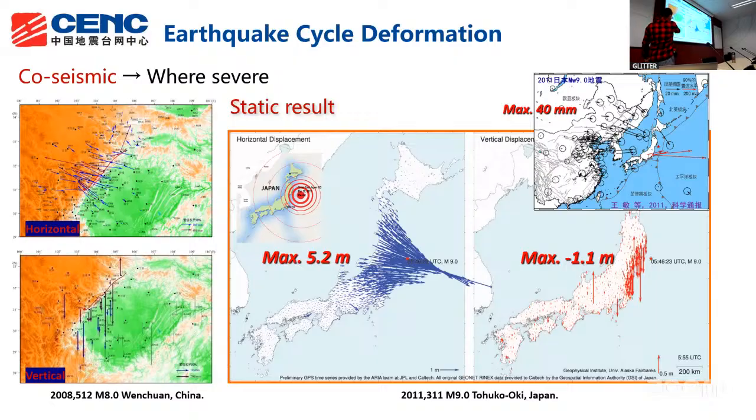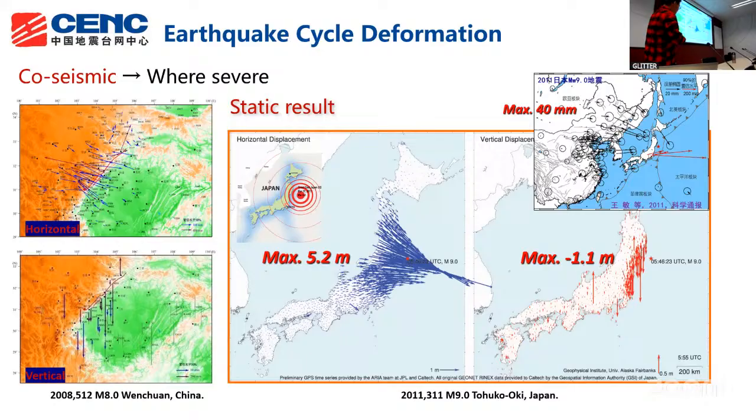This is Wenchuan, and this is Beichuan. So the heaviest earthquake hazard happened in Beichuan. We can imagine that if in 2008 we could quickly use GNSS to get this result, we could have sent a lot of rescue people to Beichuan and not Wenchuan.